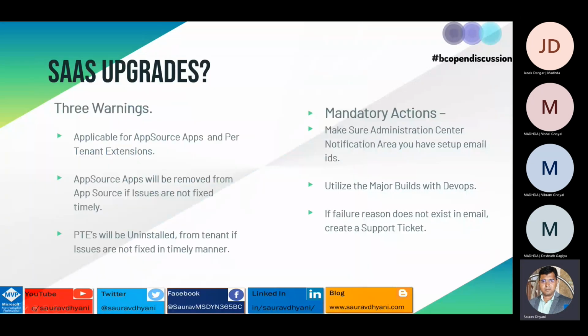Now, if as a partner you are not utilizing the power that Microsoft is providing by releasing daily major and minor builds via Docker images, then that's a risk for your SaaS customers.